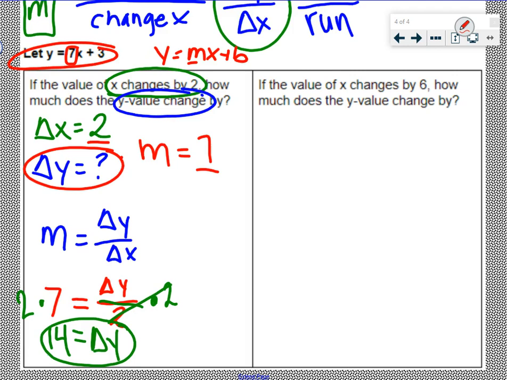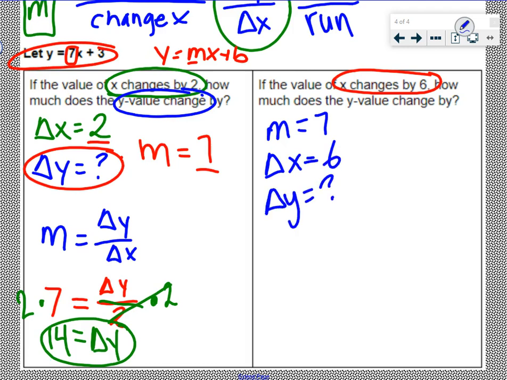Next one. If the value of x changes by 6, how much does the value of y change by? Again, same concept. We have our slope. We're still working with the same equation, so our slope is still 7. We have our change in x is 6. We need to know what is our change in y. So we set up our equation. m equals change in y over change in x. m is 7.